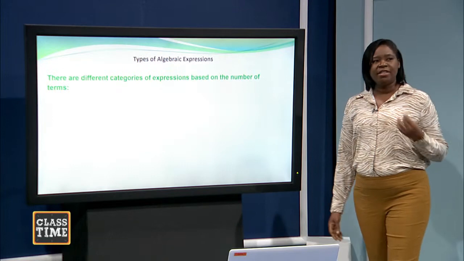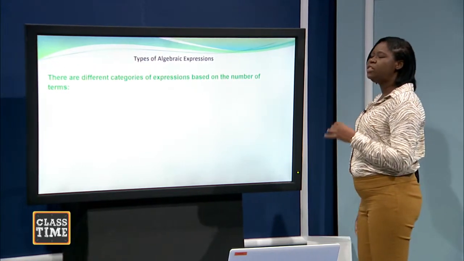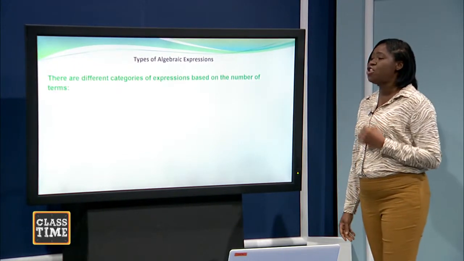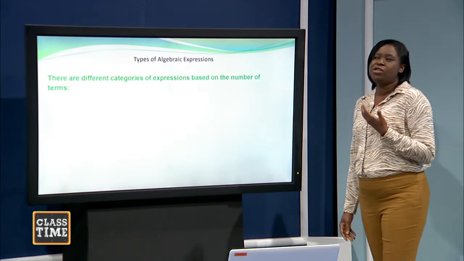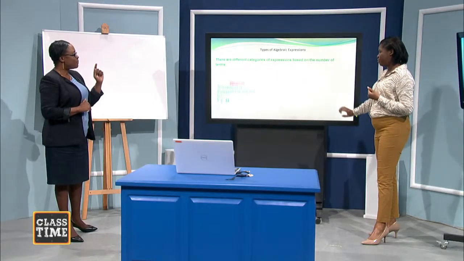Now, as there are different types of algebraic expressions, there are also different categories of expressions based on the number of terms. Do you remember any? There's one that I have challenge with calling monomial. Yes, very good.